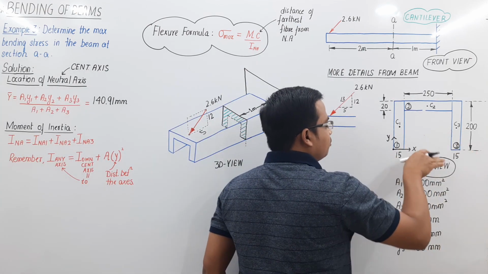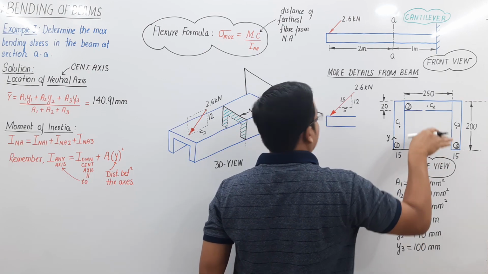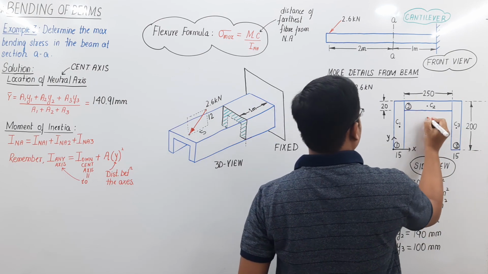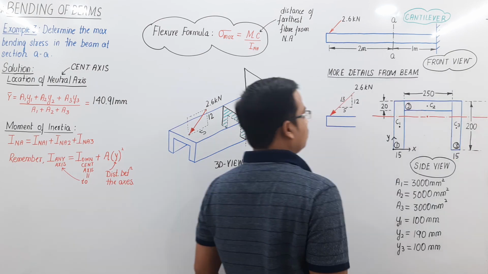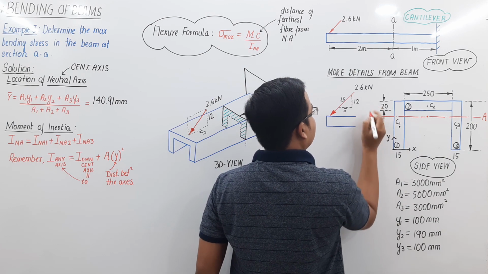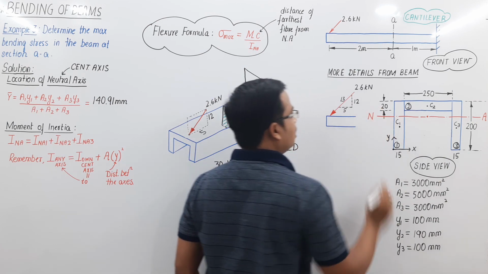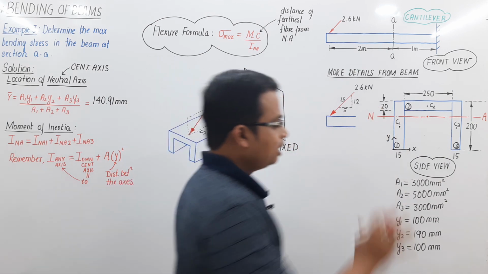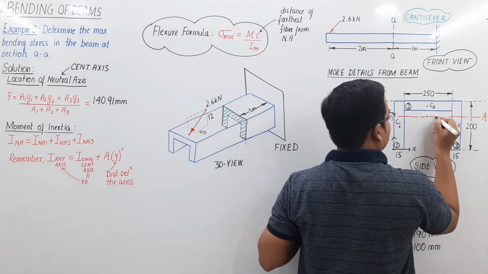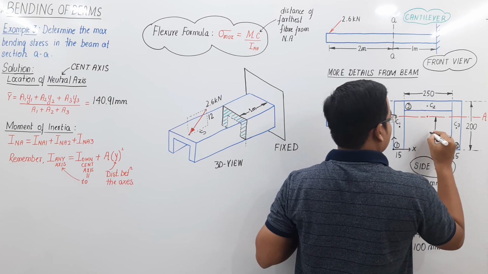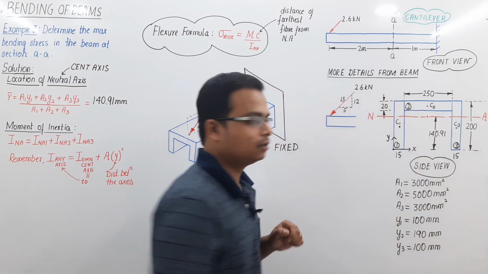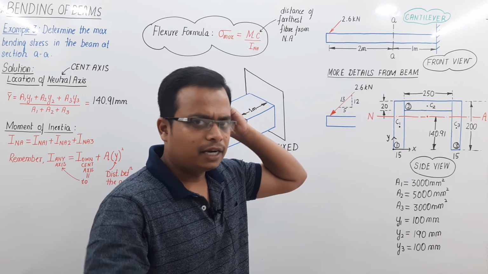This is the baseline, right? This is the neutral axis, NA, and it is at a distance of 140.91. Everything is in millimeters. I'm not writing the units, so you can manage.